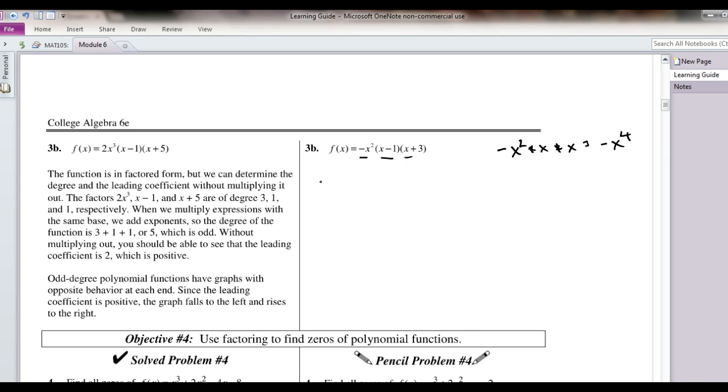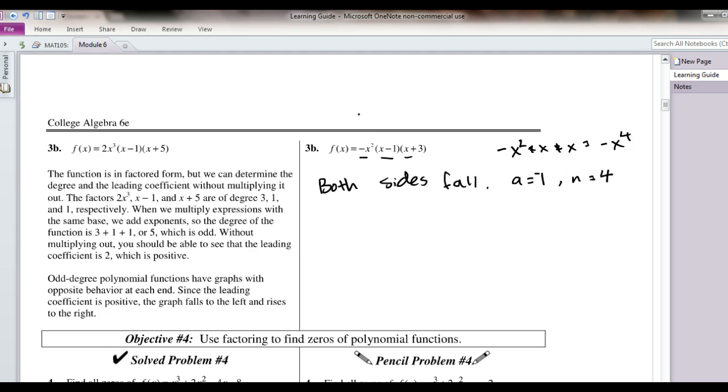So from the leading coefficient test, we know that both sides fall, because our polynomial has n equals 4. Excuse me, a is equal to negative 1. That's what I meant to say.